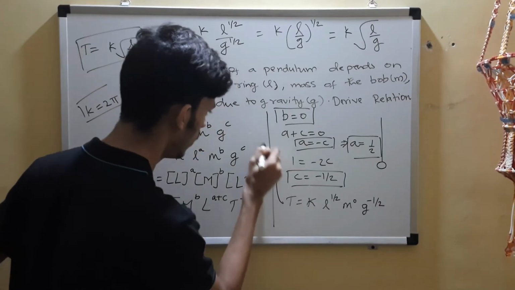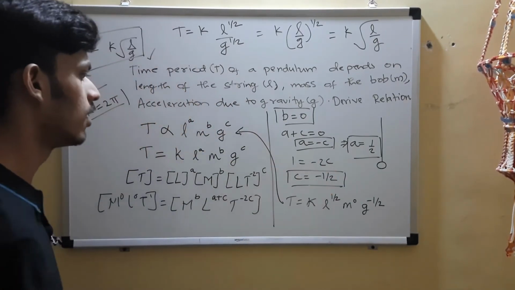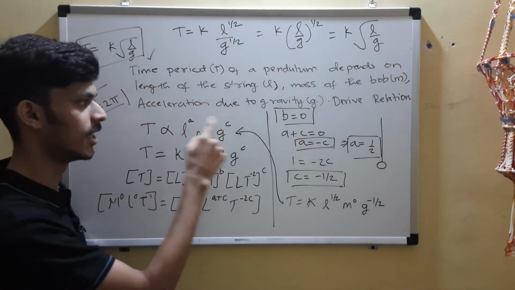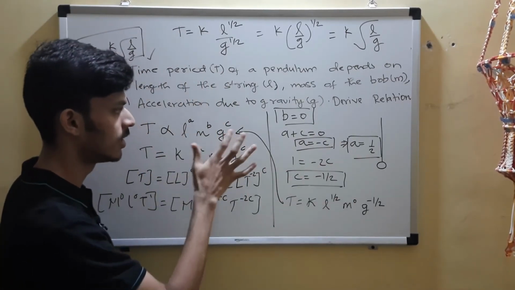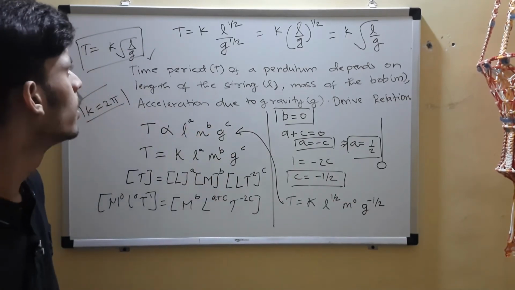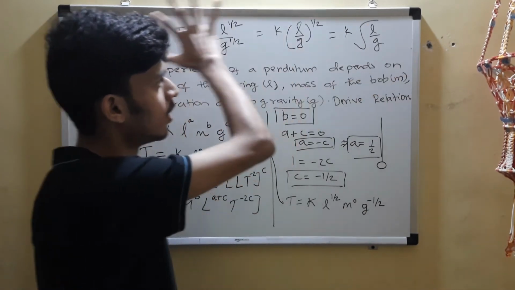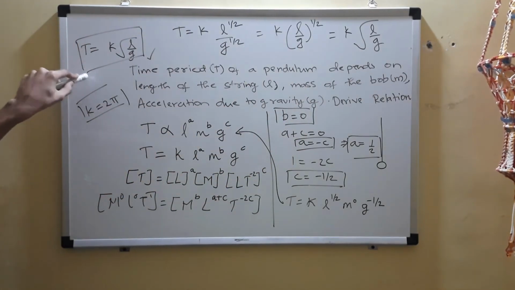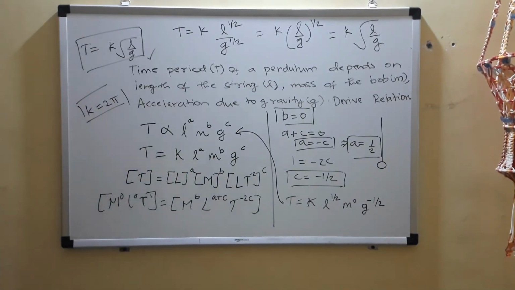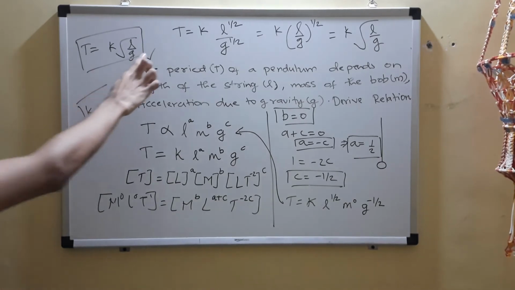We plugged in a as half, c as minus half, and b as 0. Finally by solving we got this, the formula that we want. Even if you don't write that K is 2 pi, it was experimentally determined. There is no way you can find it through dimensions. You just end the formula over here.